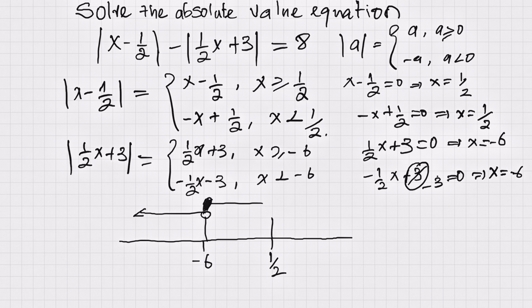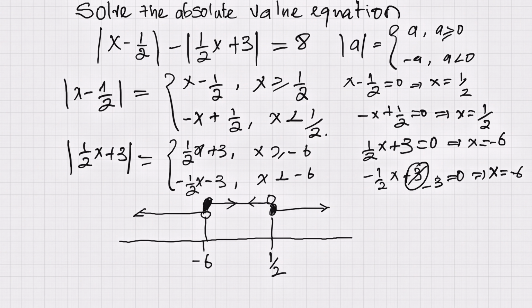So going this way is closed. Less than half is open, so going this way is open. But greater than or equal to half is closed. So these are our boundary points.